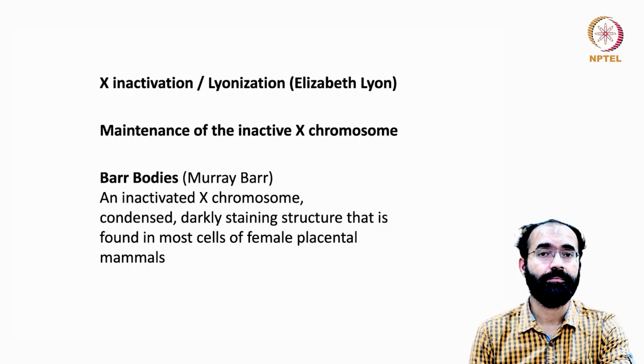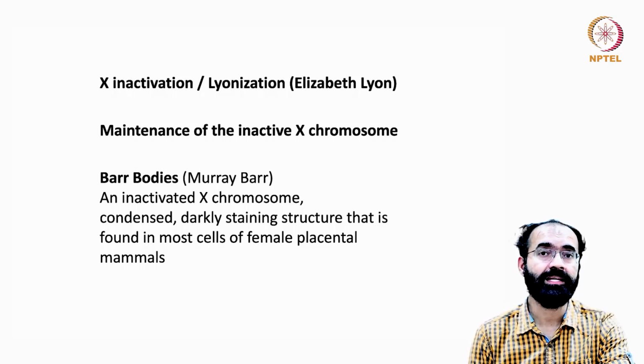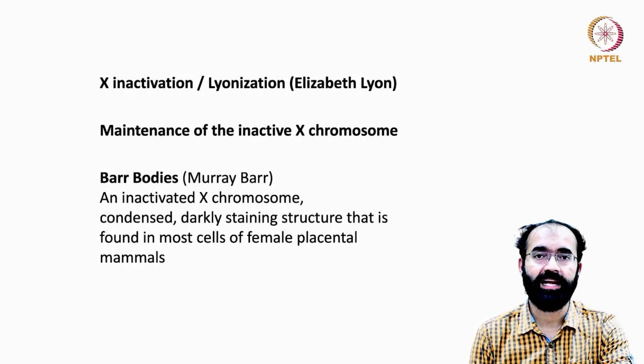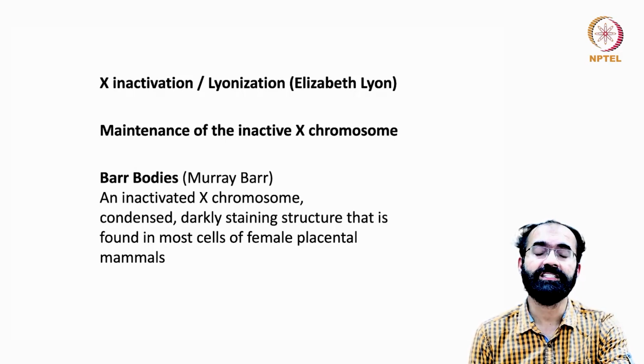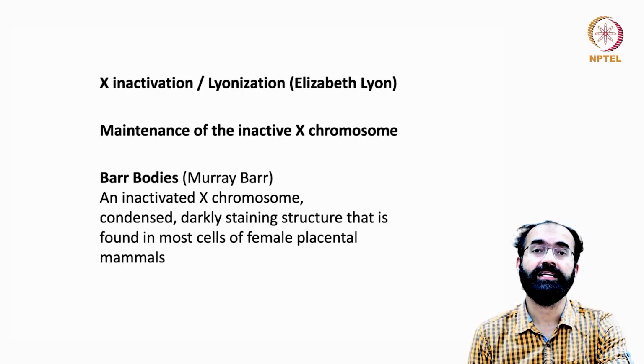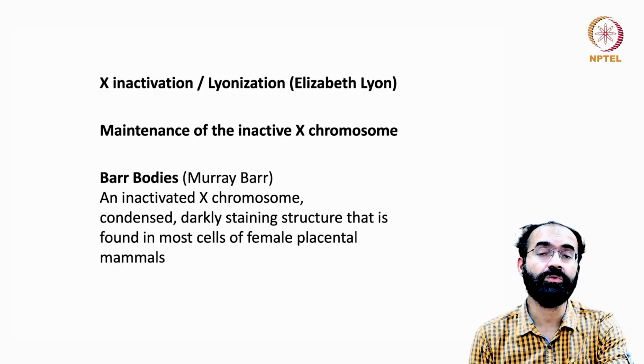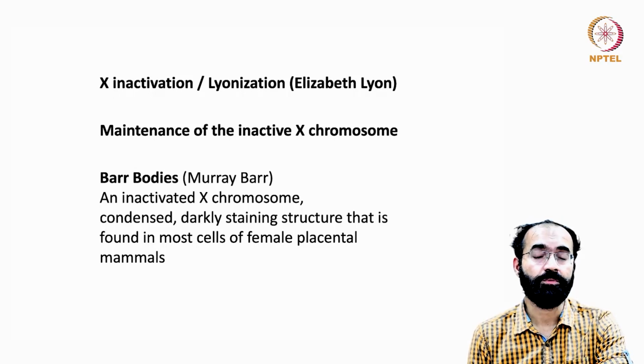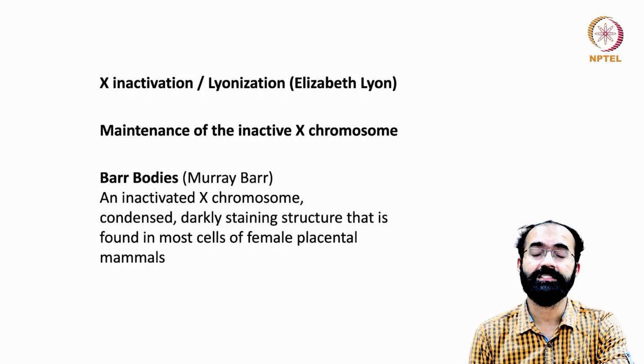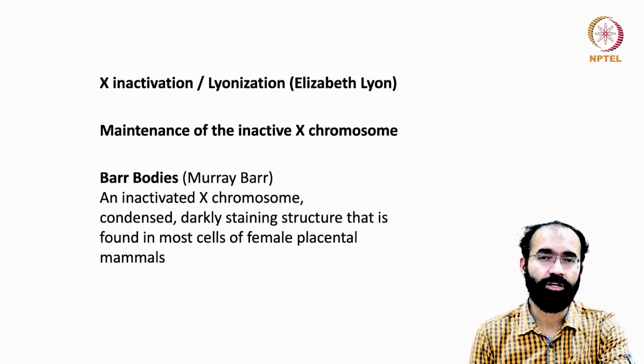If any mismatch or any failure happens to that inactivation, then the dosage compensation falls apart, and that can lead to lots of problems. Something similar to that is how Down syndrome affects, because of chromosome 21 trisomy, that means instead of 2 copies you have 3 copies. That is the major cause of developmental deformity, a kind of retardation.